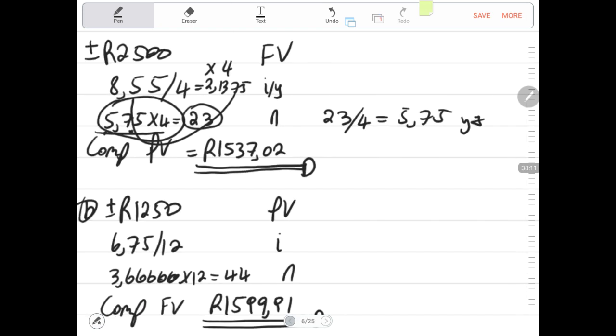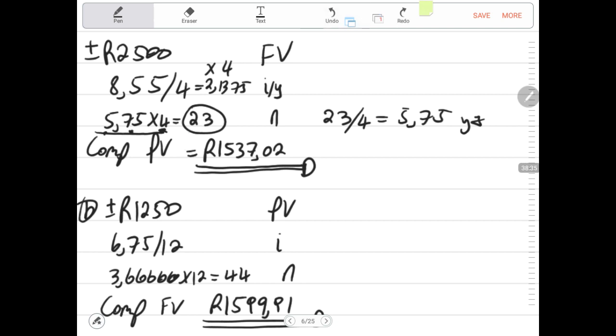Remember, once again, in the previous questions, just to go to number A. In number A, we mentioned we multiplied by 4. After we multiplied by 4, we got to 23. And I said, how then do you move from 23 back to the number of years?